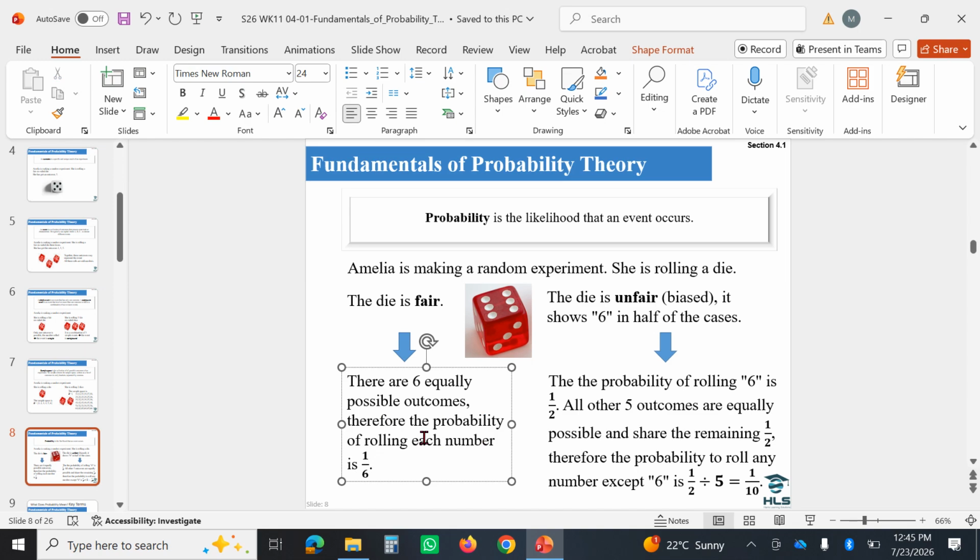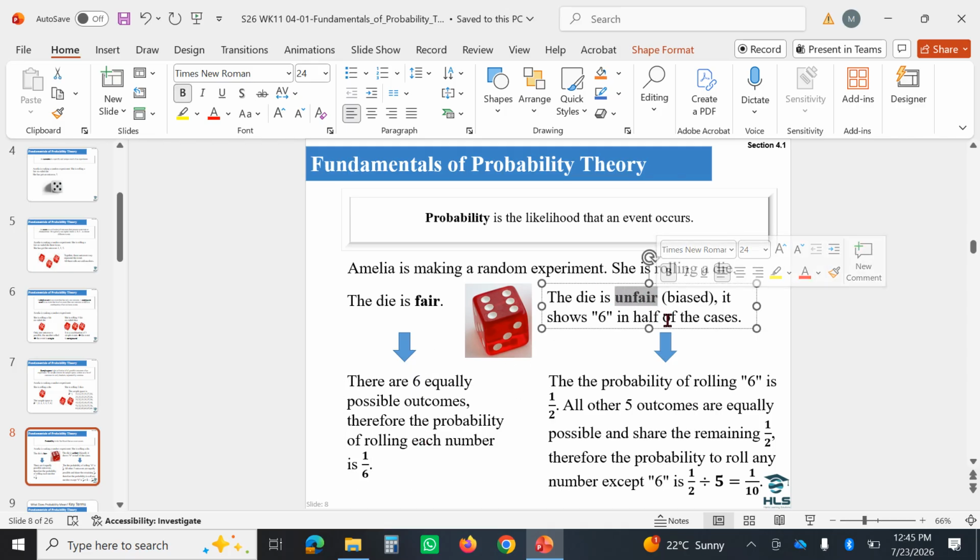Now, look at this situation here where the die is unfair. It is biased. Now, bias is one of those words we never ever want to see in science. The whole point of science is to determine the truth, to uncover the truth, right? And bias means that there's a problem with the machine, the detecting. Maybe there's a problem there. We didn't remove a particular variable, so it's compromising our data.